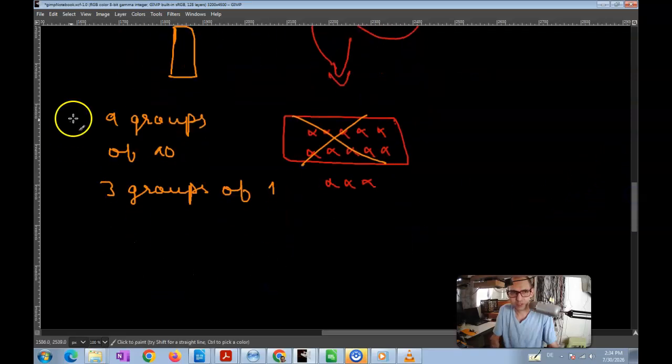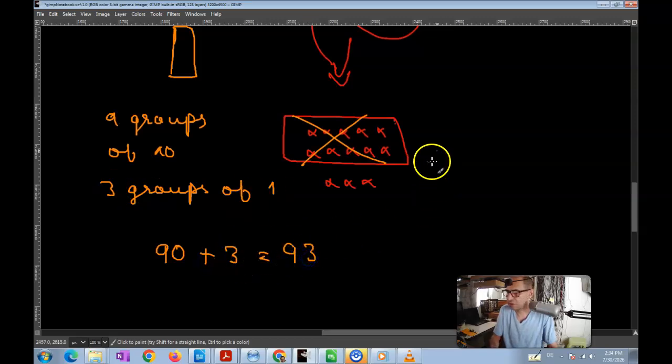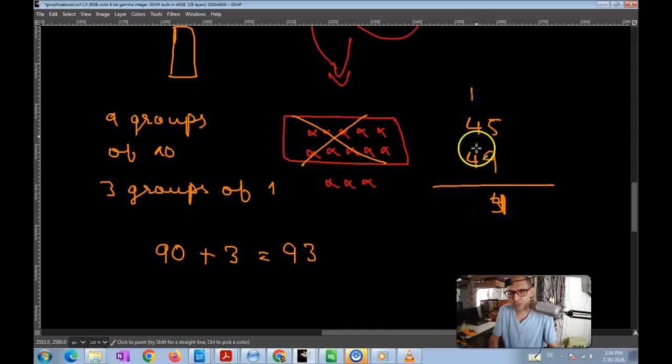Which means 9 groups of 10 would be 90, and 3 groups of 1 would be 3, so that's 93. And the numbers we had were 45 and 49, so that's a 14, 1, and 9, 94.